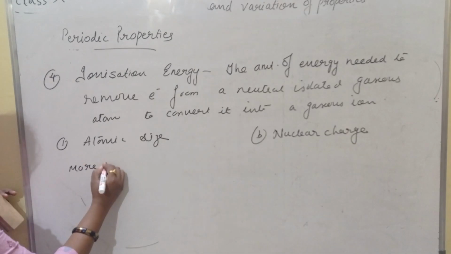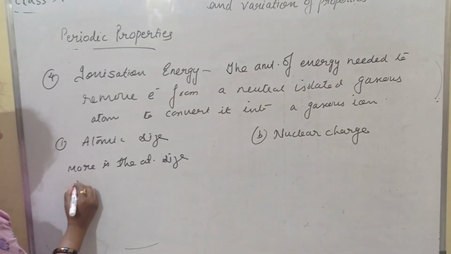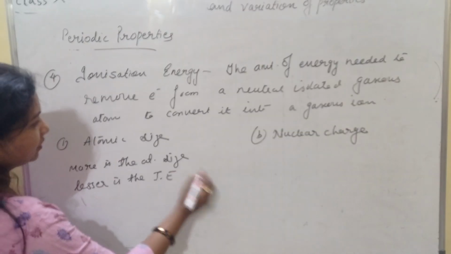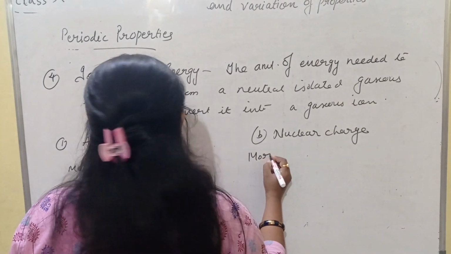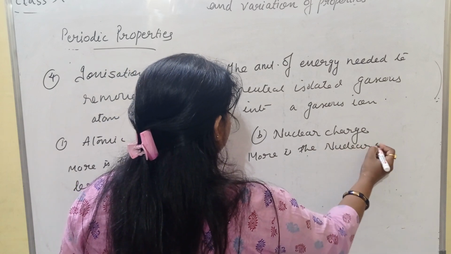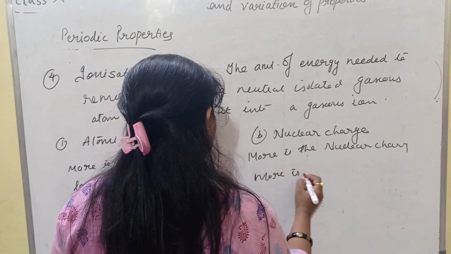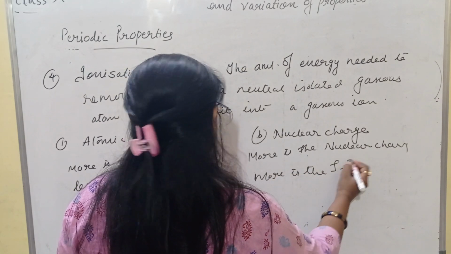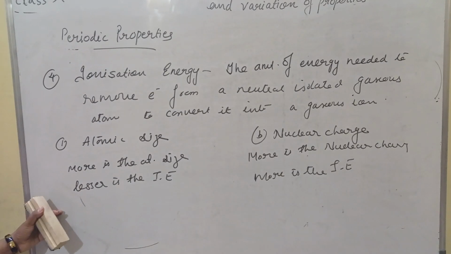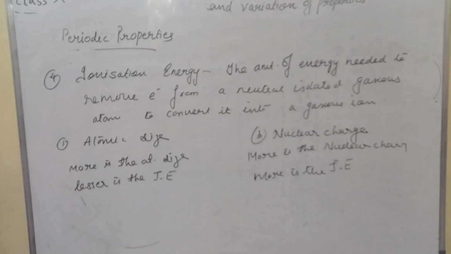More is the atomic size, lesser is the ionization energy, and more is the nuclear charge, more is the ionization energy. Clear to everyone?